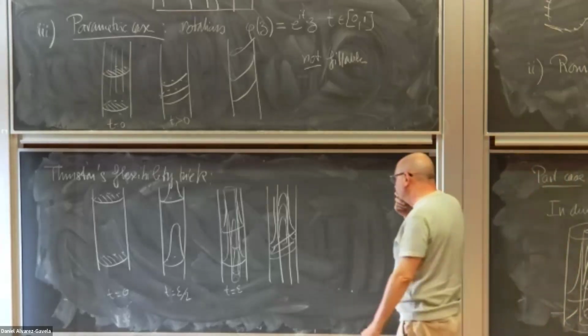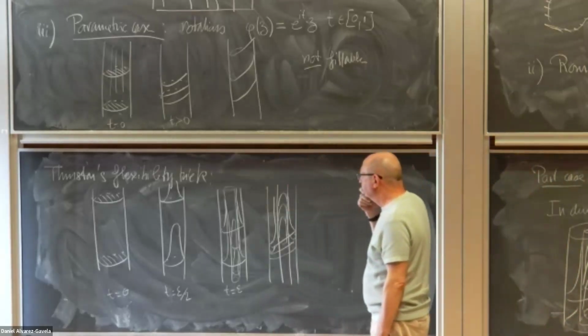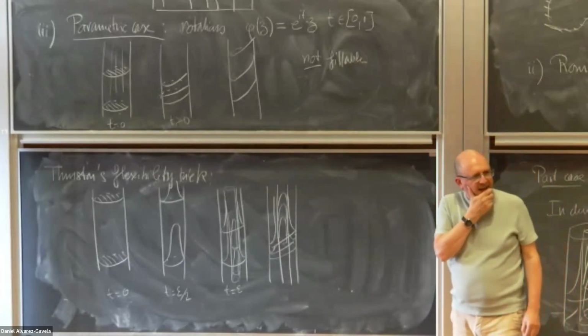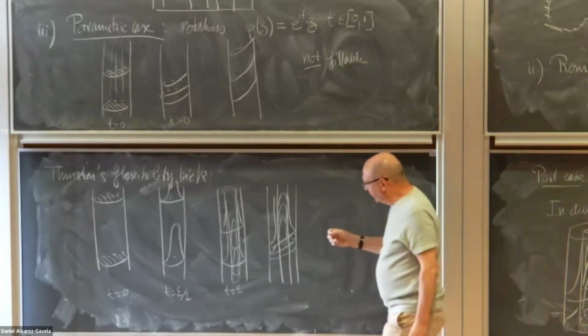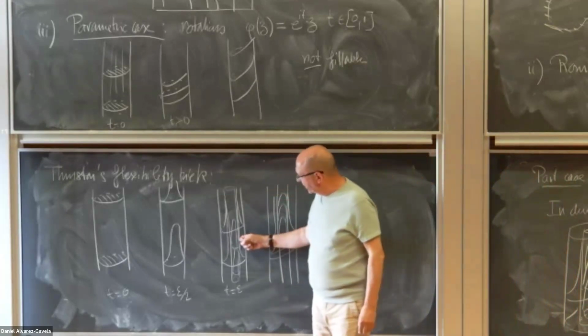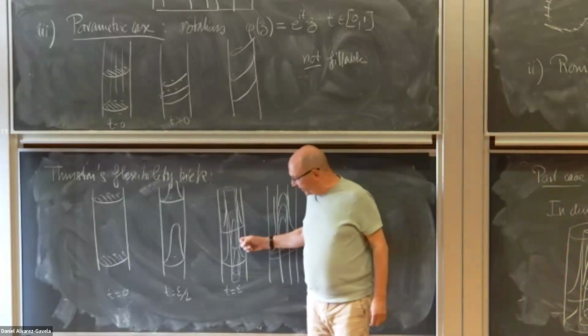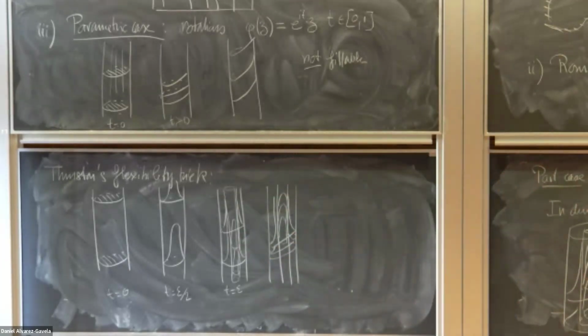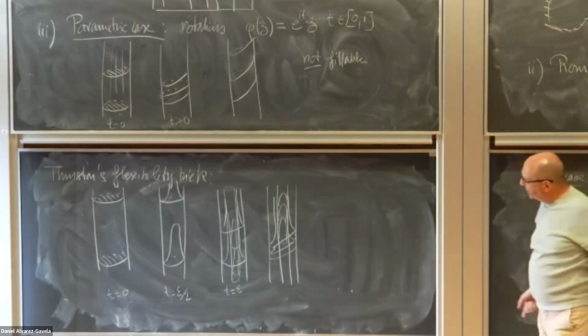Can you maybe repeat what made this work? That I had some epsilon time to make this perform the move inside? Yeah. And at time epsilon, it has become this foliation, which is the same as that one, except that the slope is 0. And the leaves are just annuli that go up.